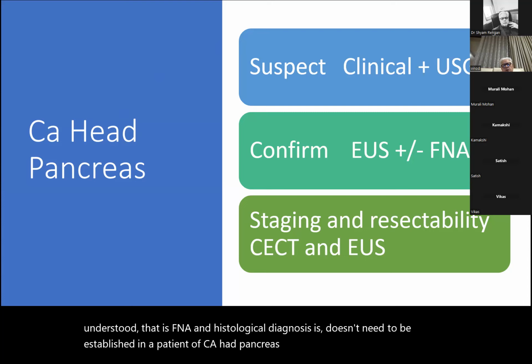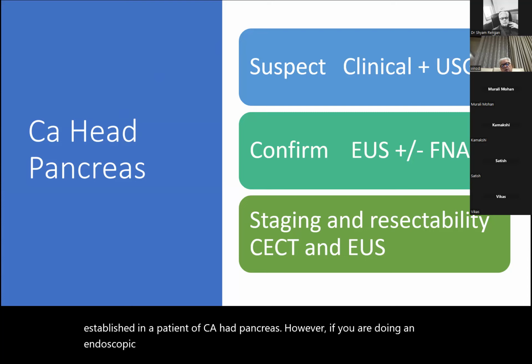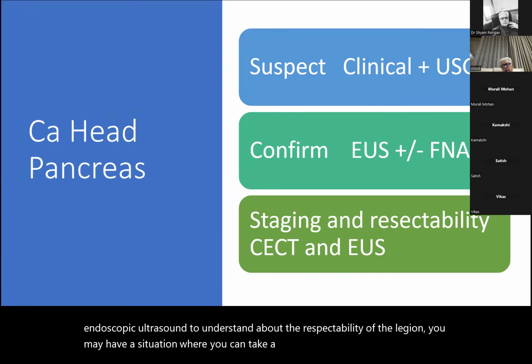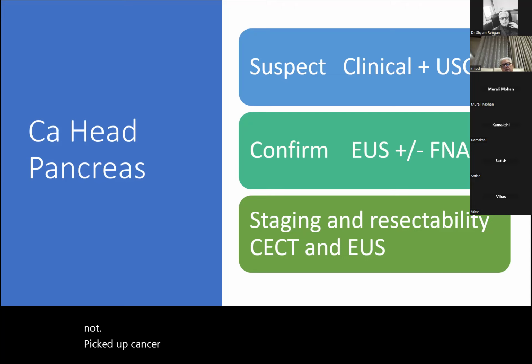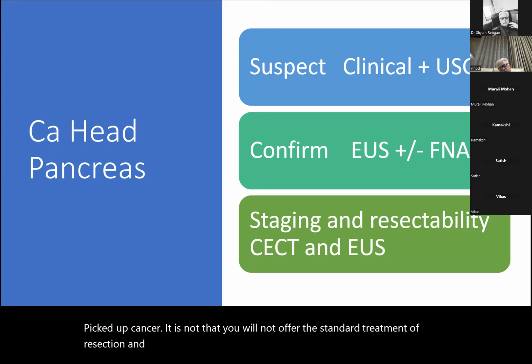However, if you are doing an endoscopic ultrasound to understand the resectability of the lesion, you may have a situation where you can take a FNA, but then again, if FNA has not picked up cancer, it is not that you will not offer the standard treatment of resection and cure for resection to this patient.